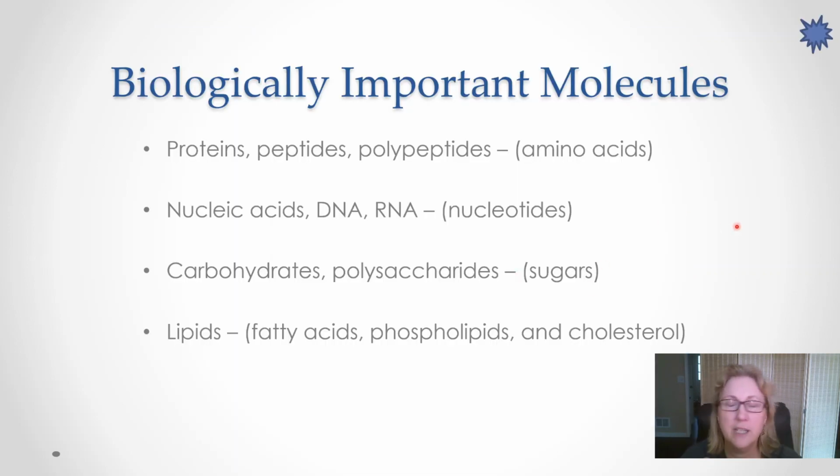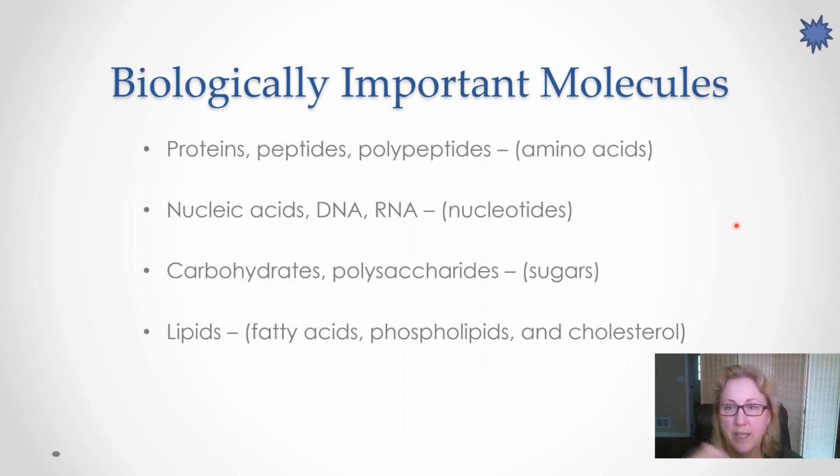So for each of these, we'll practice in a discussion categorizing the monomers and polymers. So for proteins, the monomer is amino acids, and the 3 names we use for the polymers are proteins, peptides, and polypeptides, with polypeptide being the umbrella term. For nucleic acids, we have nucleotides as the monomer, and DNA and RNA are the polymers.